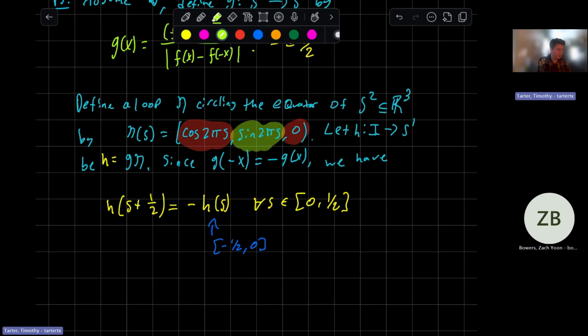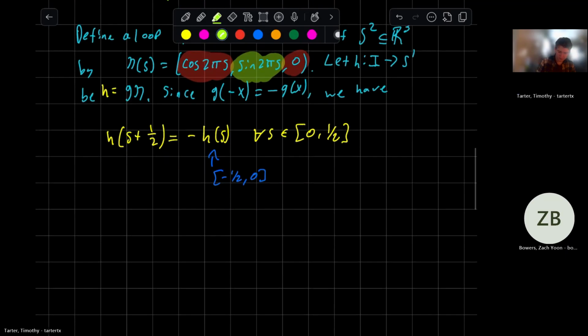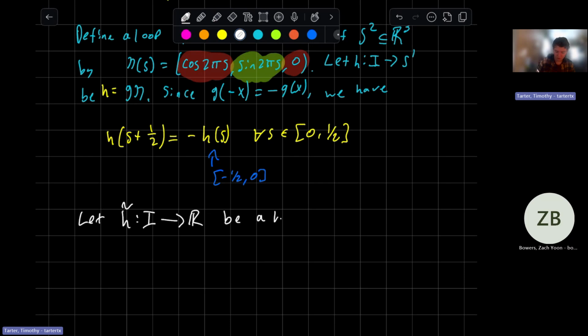So, as we showed in the calculation of pi 1, we can lift h to a path. And so we'll let h tilde from I to R be a lift of h.